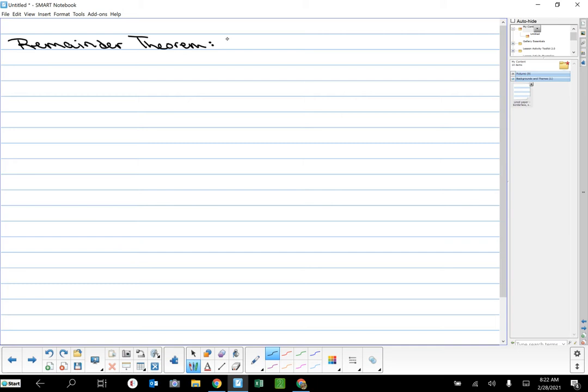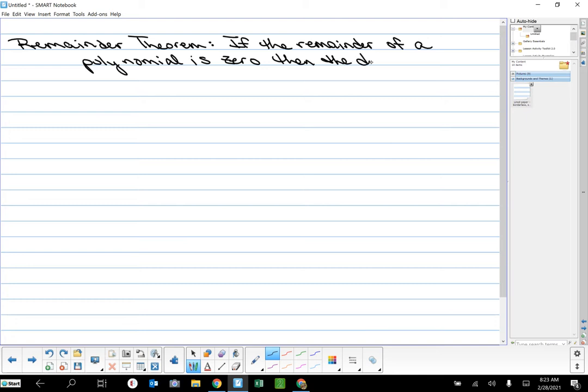All right, the remainder theorem says if the remainder of a polynomial is 0, then the divisor, remember that's the thing you're dividing by, is a factor of the polynomial, period.